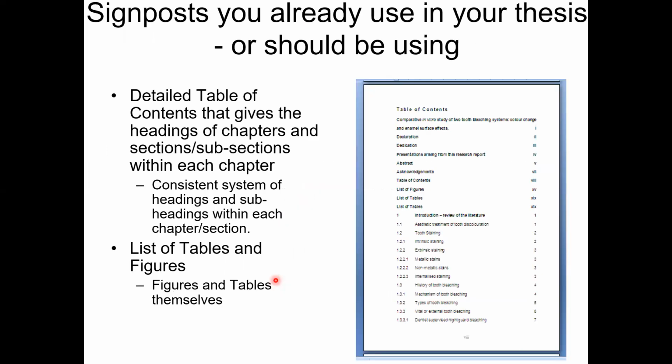Now, there are signposts you already use in your thesis, or actually should be using. The table of contents is the main one, where it gives a detail of the headings and chapters and subsections within each chapter. And of course, the list of tables and figures. Those are also the big signpost areas.